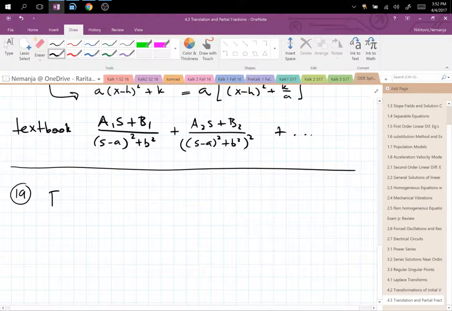So f of s is given as s squared minus 2s divided by s to the 4th plus 5s squared plus 4.